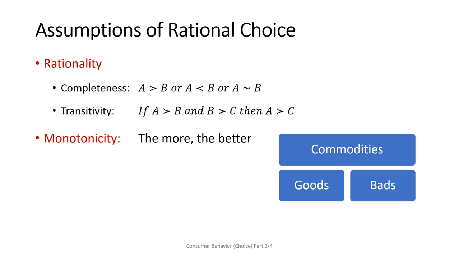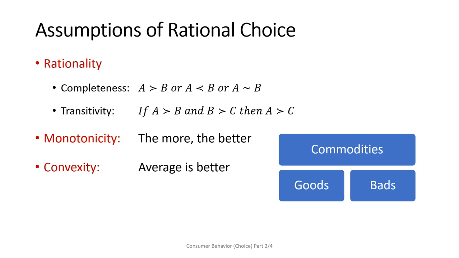Next is convexity, which says that average is better. That is, if a consumer can choose from three bundles.